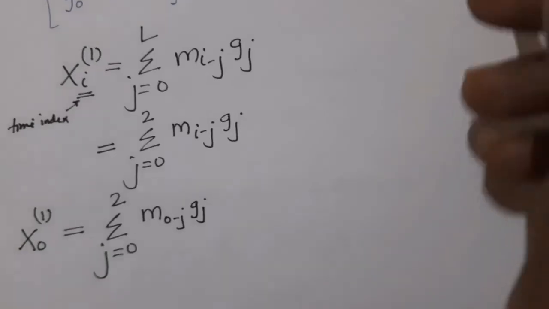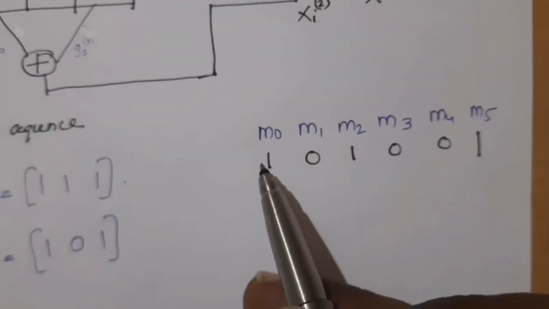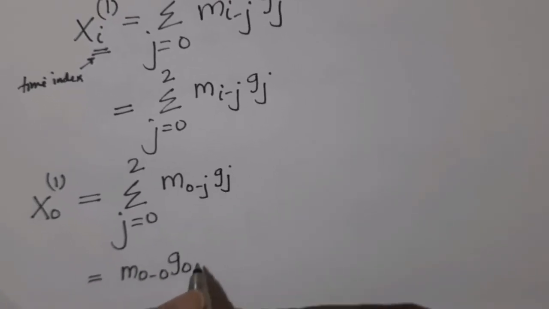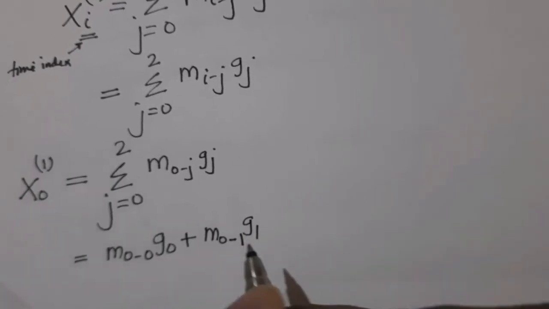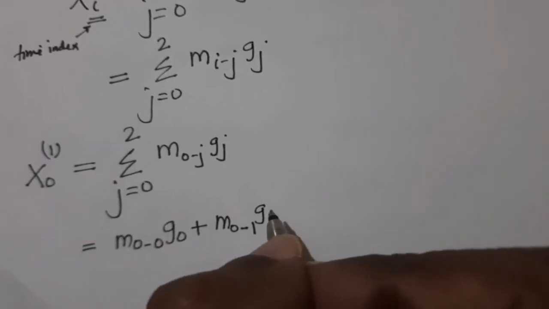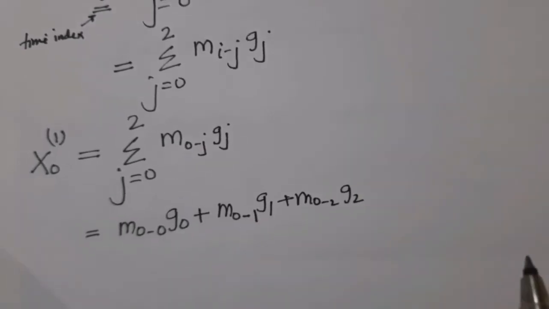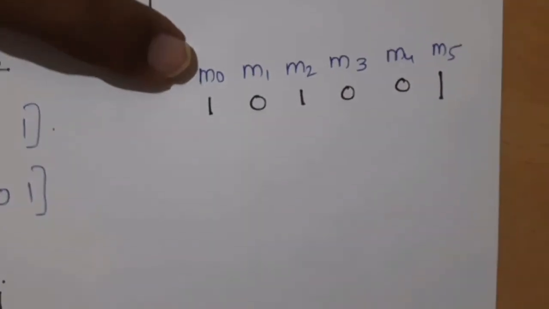This equals m0 minus 0, g of 0 plus m0 minus 1, g of 1 plus m0 minus 2, g of 2. We can see that m minus 1 is not there, so the sequence starts from m of 0 only.